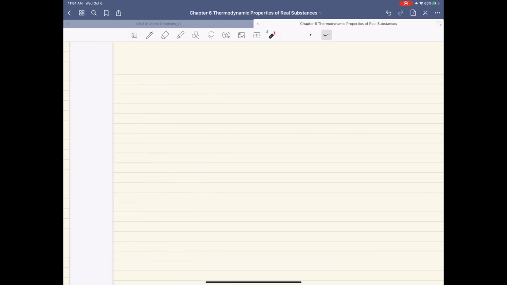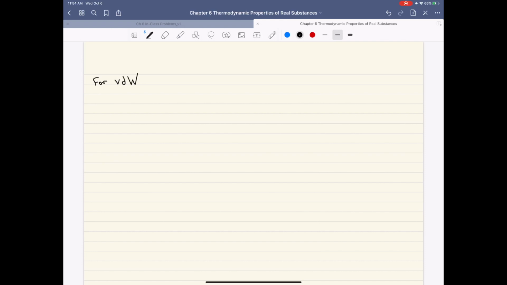All right, and so to do that, we go to our equation of state. That's where we apply our equation of state information. All right, and so for this problem, what we're assuming is that our gas follows the van der Waals gas equation of state, which, as you've seen before, has this form.